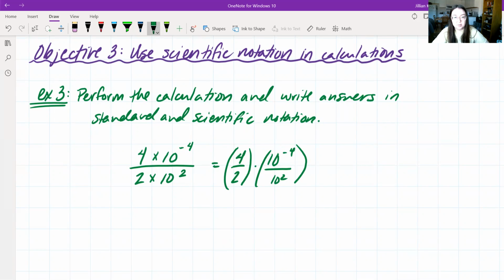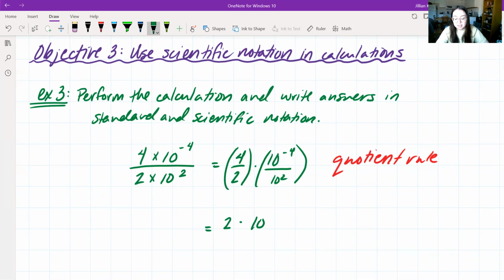In this case, we can use our quotient rule with 10, since we have 10 to the power of negative 4 divided by 10 to the power of 2. We can divide 4 by 2 normally, so 4 divided by 2 is just going to be 2.